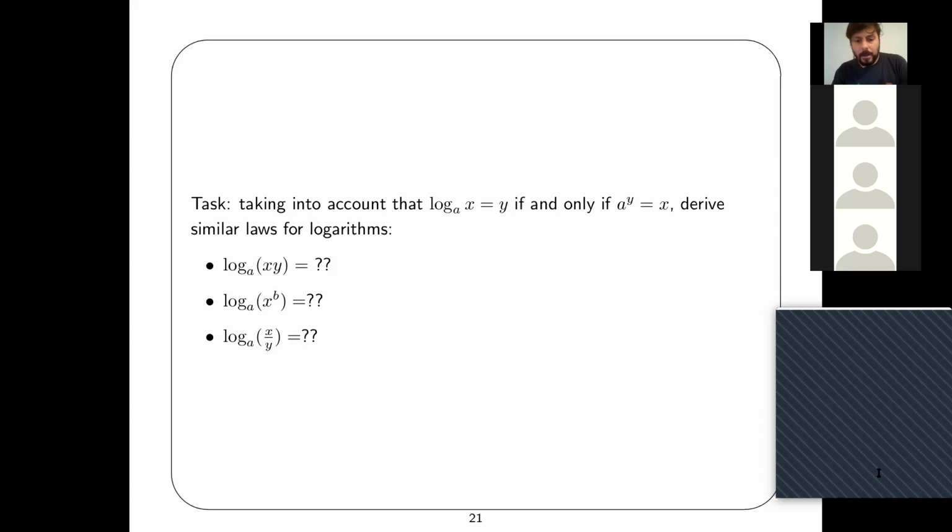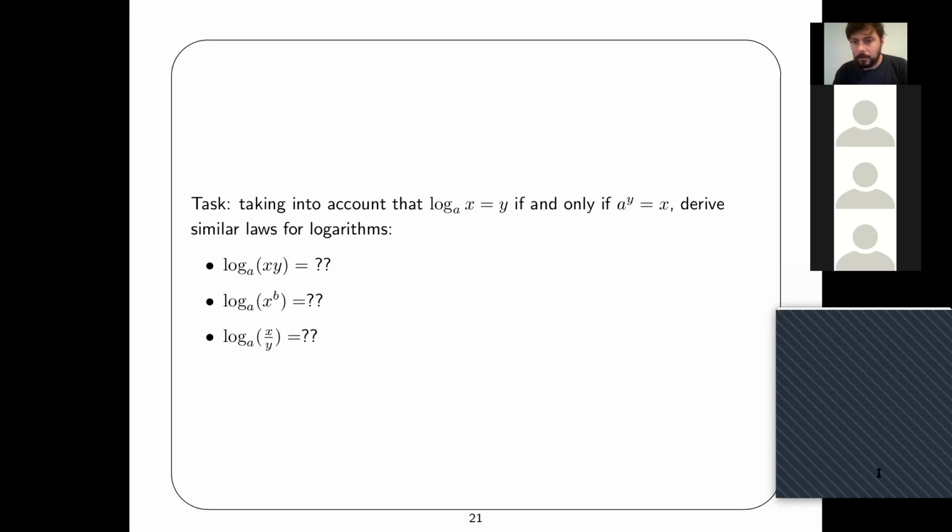So let's mark that a to the power of u is x, and a to the power of v is y.